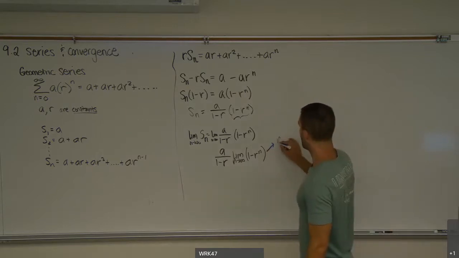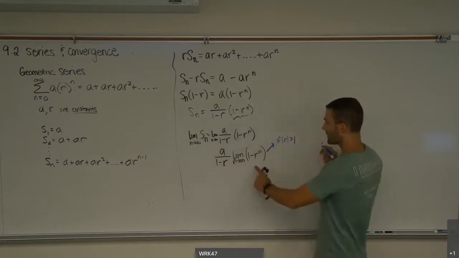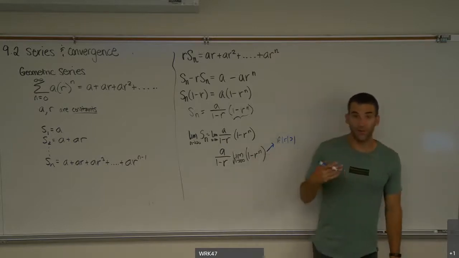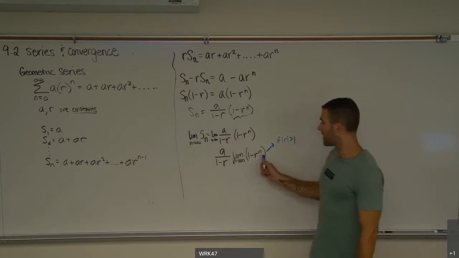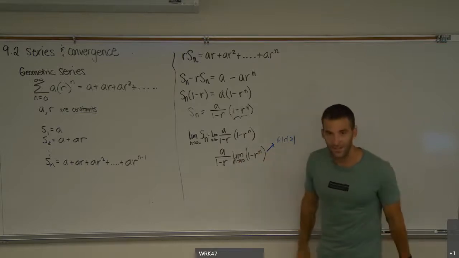If the value of r is bigger than 1, like 2, 3, even 3/2, bigger than 1, this is exponential growth. This function will blow up. If we're looking at powers of 2, that number is just getting larger and larger. And therefore, when I take n off to infinity, this number will blow up to infinity, and 1 minus infinity will be negative infinity.